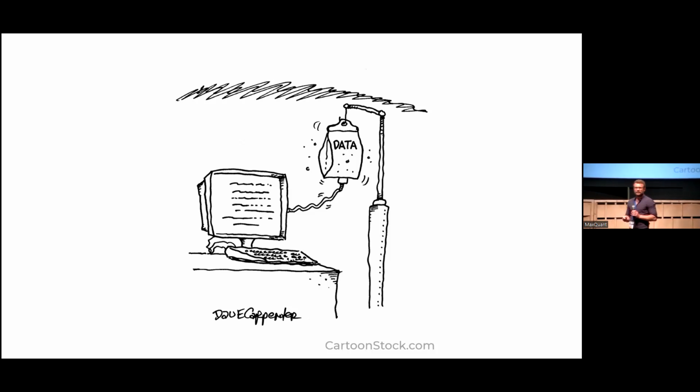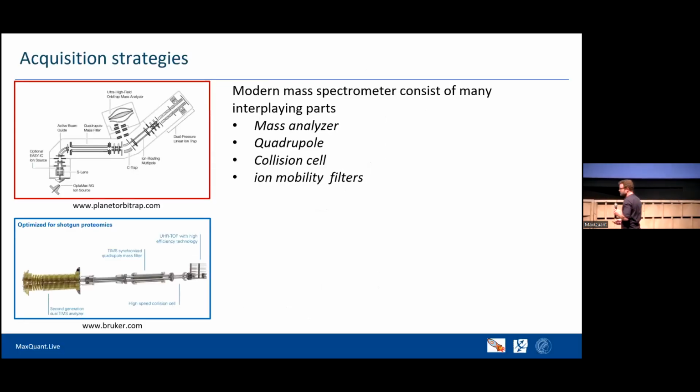And for that, I would like to show you how these standard mass spectrometers that are used are actually looking when you would open them. I don't recommend to do it. Trust me, they look like this inside. So here we have a classical Orbitrap from Thermo Fisher or a Bruker device. They are very complex and they contain many parts. Most important, there is a mass analyzer.